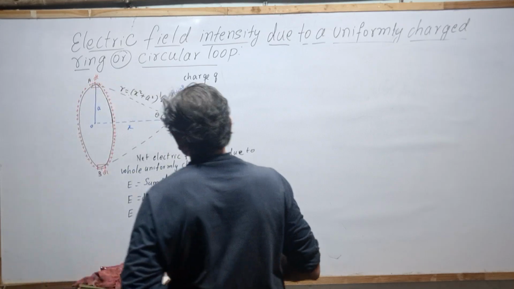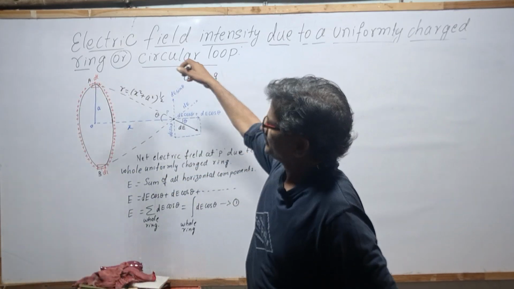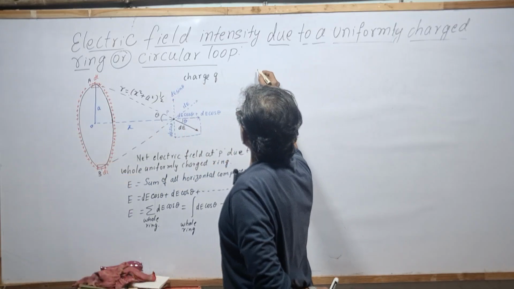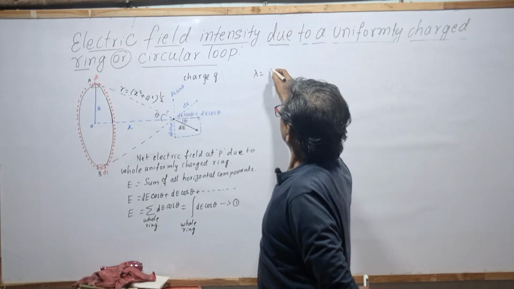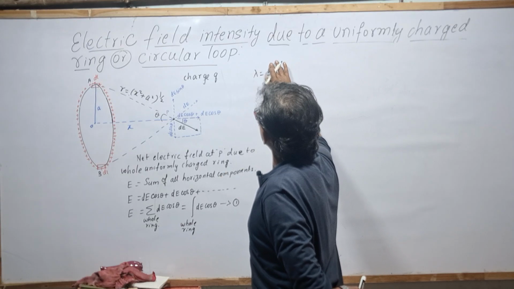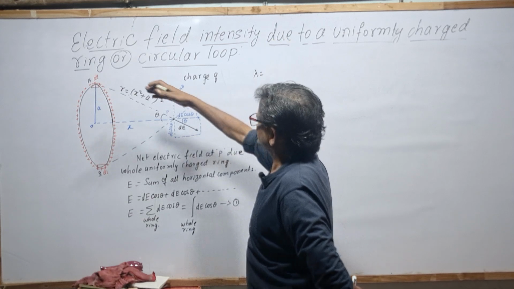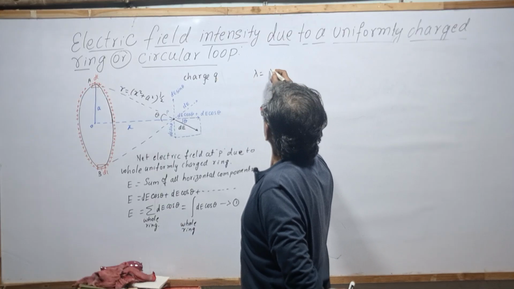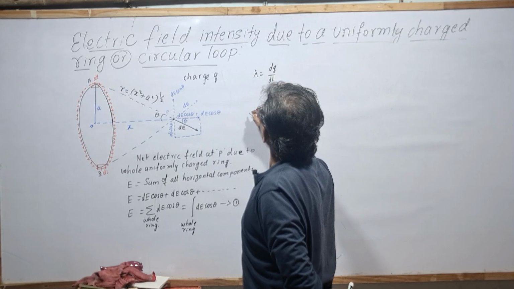From this, the linear charge density is equal to charge divided by length, that is, total charge over total length, and dq divided by dl.